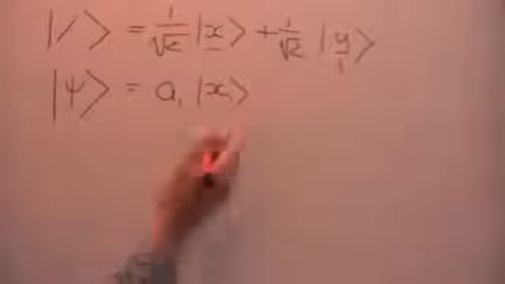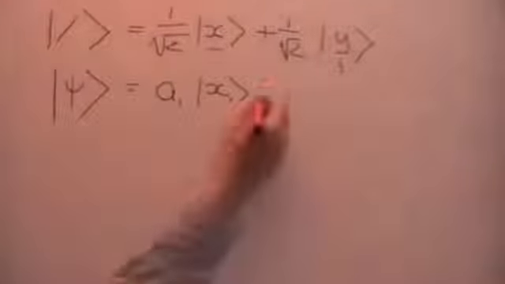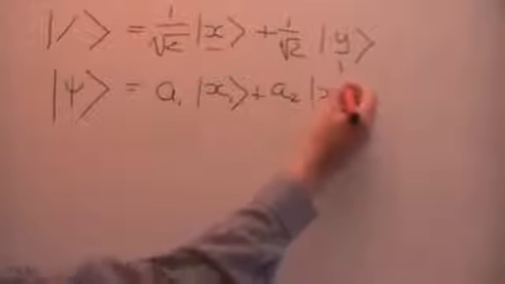It's the eigenvector, or you can call it the state, or you can call it a wave function. And we'll see why it's called a wave function a little later on. And that's going to be made up of a probability amplitude, which is the same as this 1 over root 2, times one basis vector, plus another probability amplitude, A2, times another basis vector.